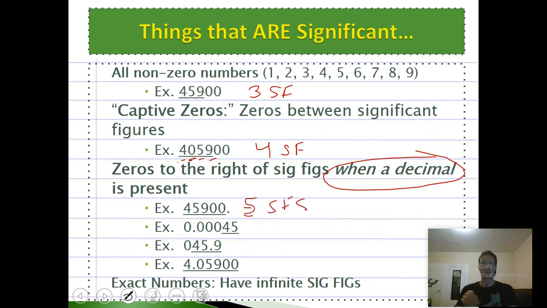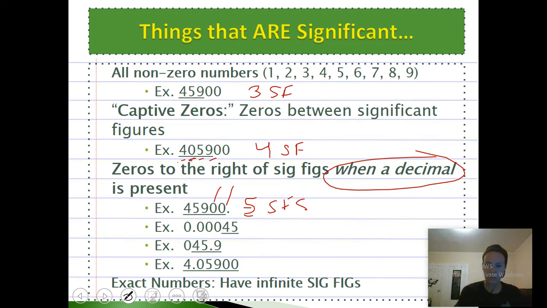All of the underlined ones count because this decimal point is here. We weren't just guessing about those two. We know it. It's 45,900 exactly. Not 45,901, not 45,899. It's exactly the way it is.